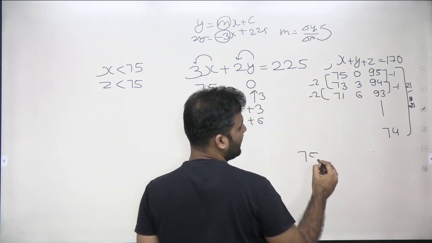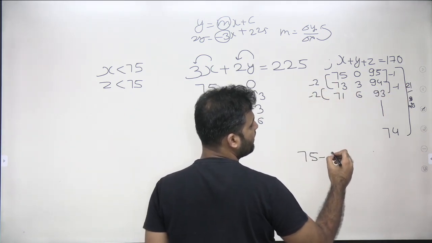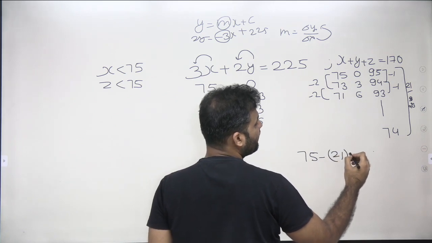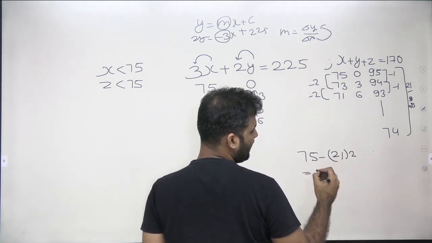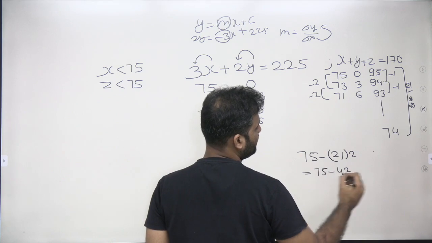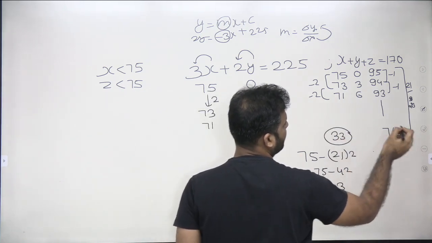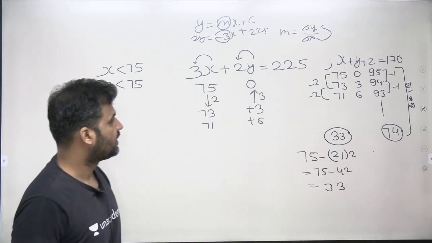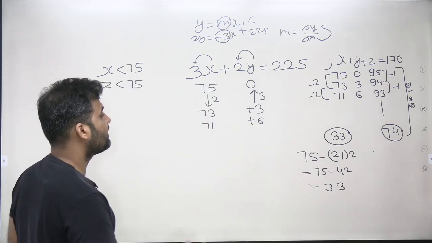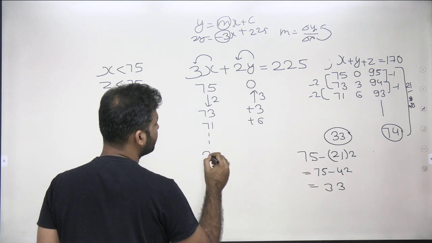Now the value 75 when decreased 21 times by a value of 2 will give you 75 minus 42, that is 33, right? Is it clear? So x is 33 here.